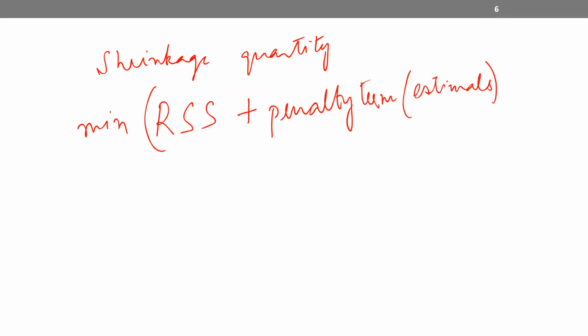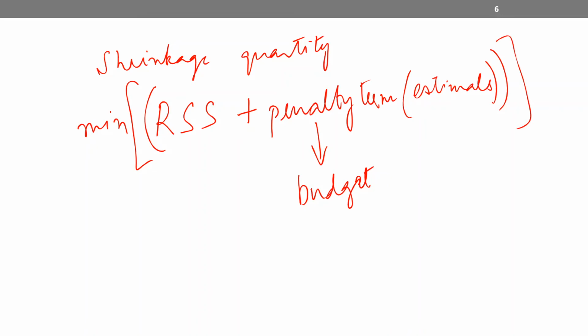Think about this as a budget that I assign. Based on the value of the penalty term, I cannot go beyond certain values for my betas. In fact, I try to minimize them because the overall objective function is to minimize this entire thing. So this penalty term will help me bring that down. How does this look? What is this equation?